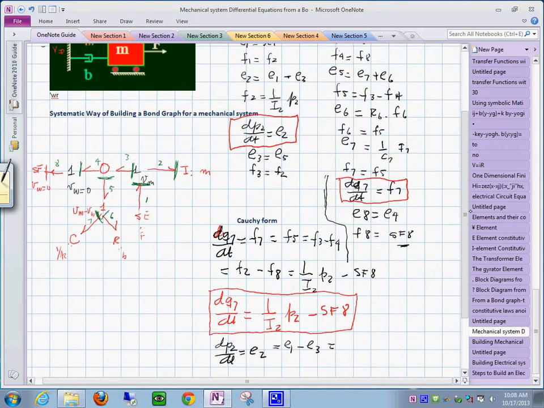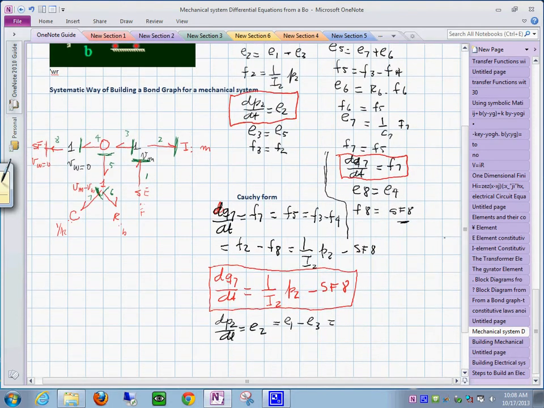It is SE1. What is e sub 3? It is e5. And what is this equal to? This is SE1. What is e5? e7 plus e6.